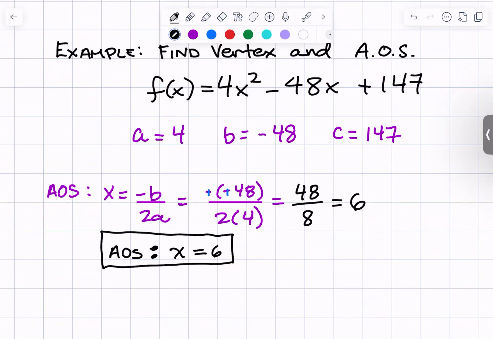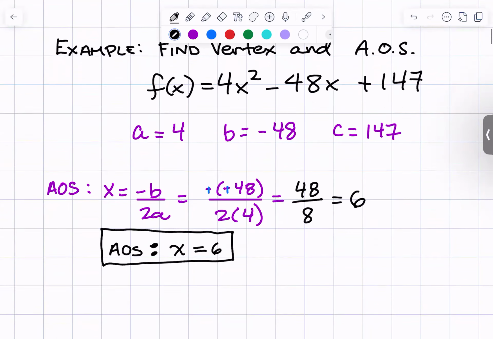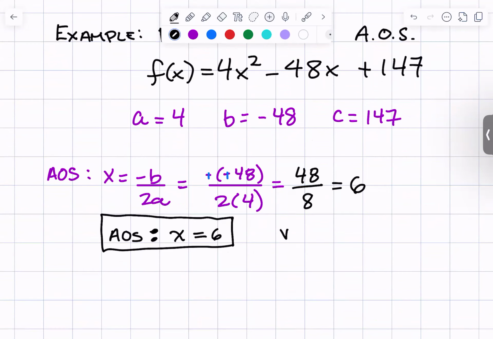And because I got my axis of symmetry at x equals 6, I know that my vertex is going to be 6 comma blank. I'm not too sure what my y value is, but I know my x value is 6.